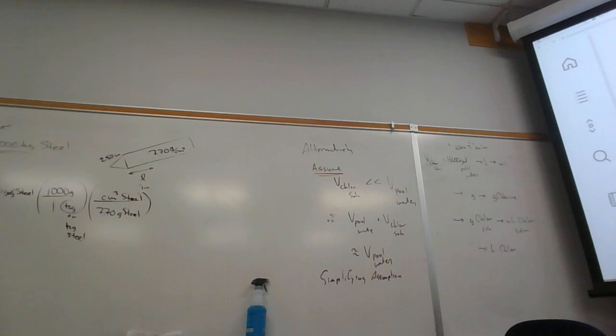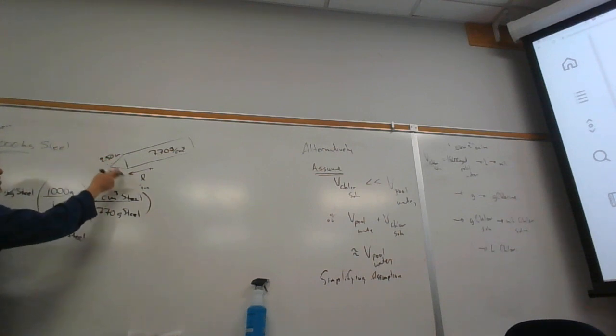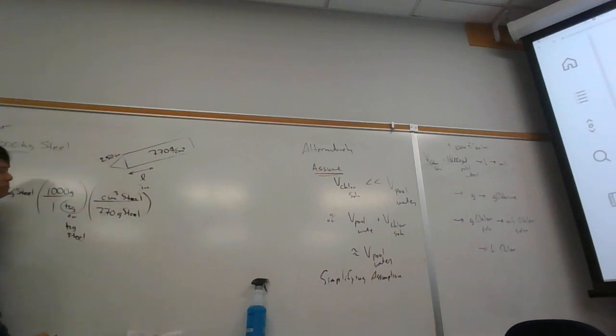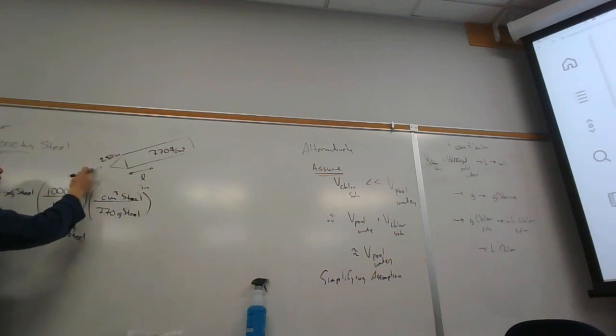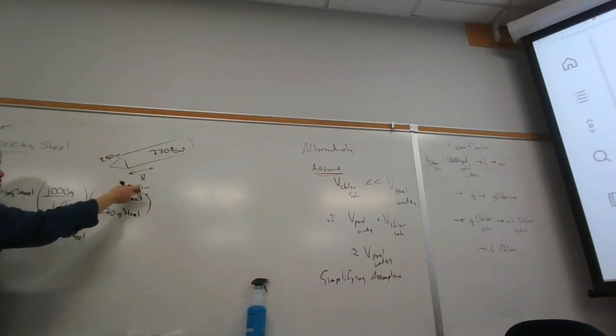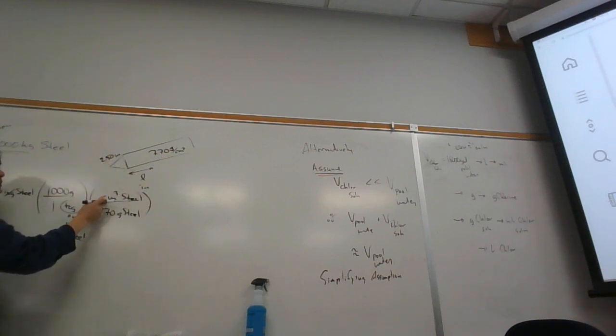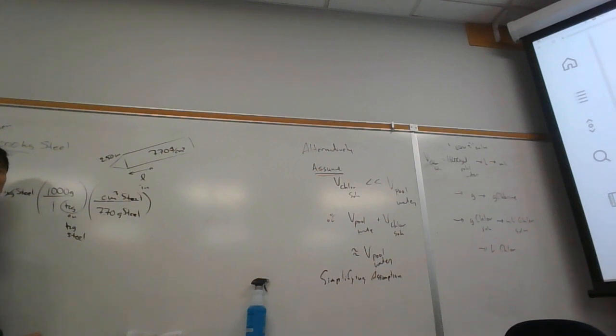All right, now we have different choices here. We can stop here and then make another equation, because we want the volume. Cubic centimeters is a derived unit, and this is in inches here. So we can convert our inches into centimeters, or we can convert our cubic centimeters into cubic inches. Which way do you want to go?